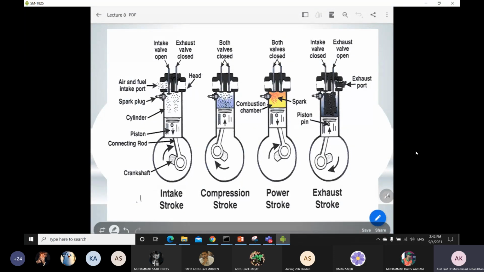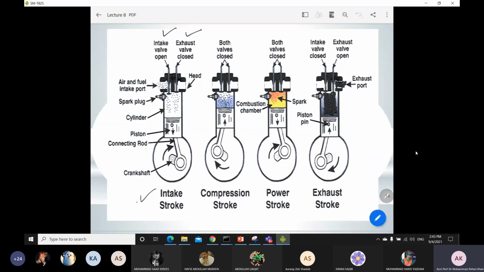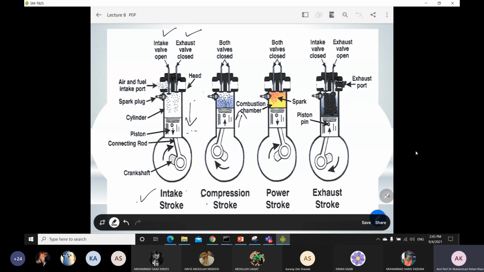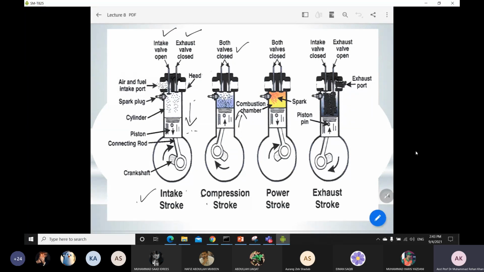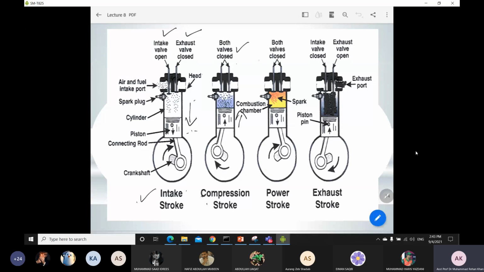So this is your intake stroke. At the intake stroke, your intake valve is open and the exhaust valve is closed, and your piston is toward the bottom dead center. When there is a compression process, your piston will move towards the top dead center, and both the intake valve and exhaust valve are closed at this time.